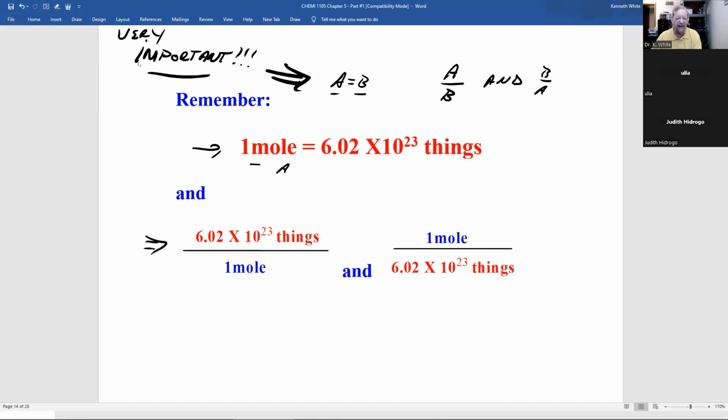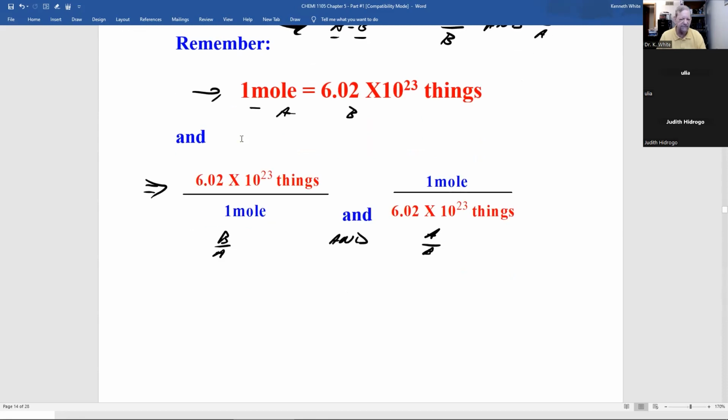Let's call this A, call this B. This would be the same as B over A, and this would be A over B. And they're not equal, they're separate, and that's why I have the word and. This is something you will need to remember when we do some problems using a mole and Avogadro's number.